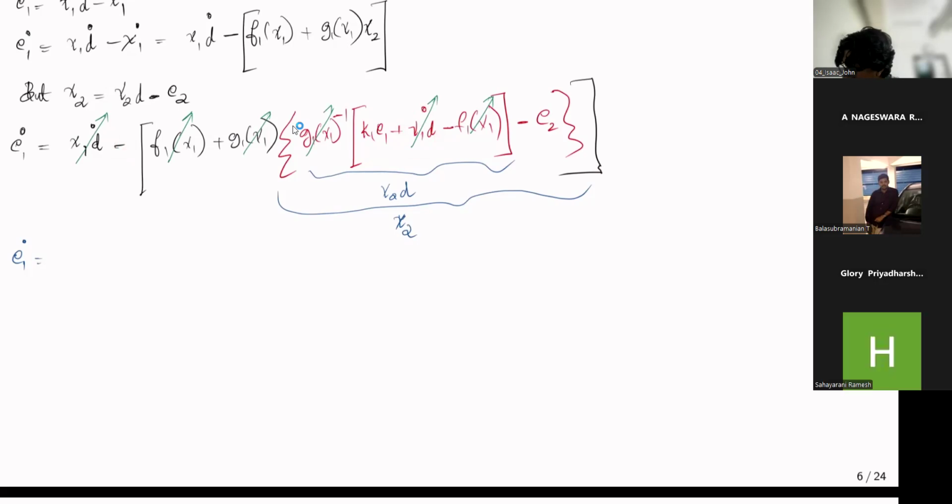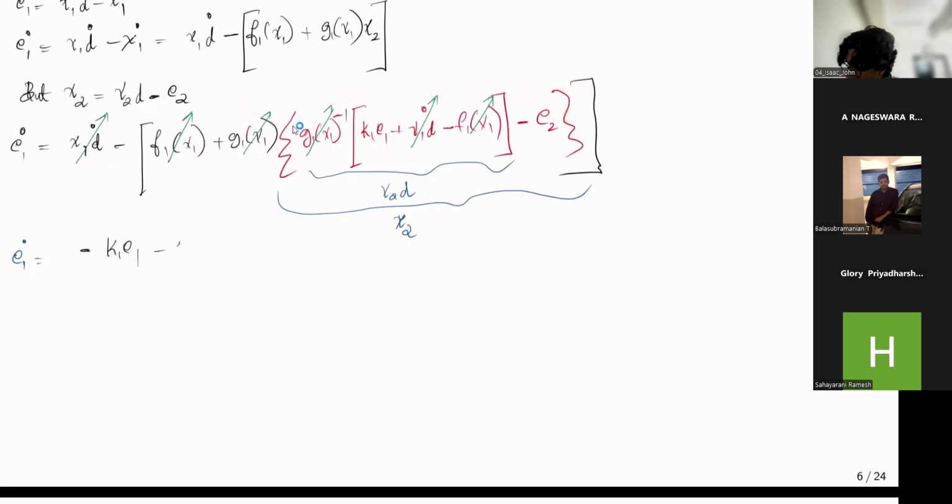So the remaining terms are probably this term, minus K1 E1, this term over here. Then this term, this G1 X1, and this term.